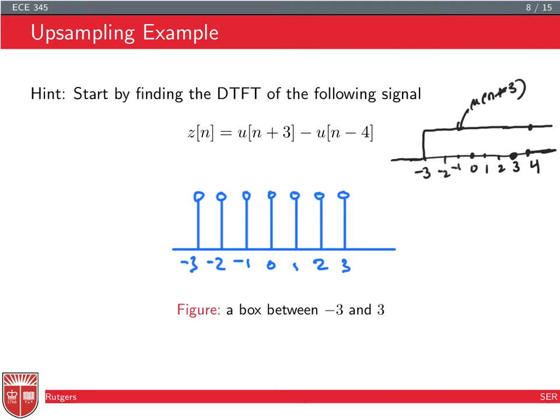And now you need to subtract all the values including 4 and larger than 4. So let me do this in blue here. You need to subtract this step function, so this is u[n-4]. And then what you get in the end is the thing that I'm going to highlight in red. So you're going to get this part, this part, this part, and then this part. And then you're going to get the box signal.